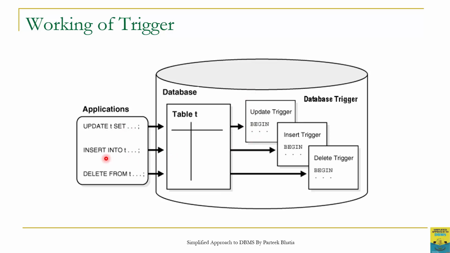The same way, when an insert statement is issued on this table, the corresponding code which is written in the insert trigger will automatically get executed. The same will apply for delete statement. So you can see that a trigger is a code which automatically gets fired when the corresponding event occurs on the database.